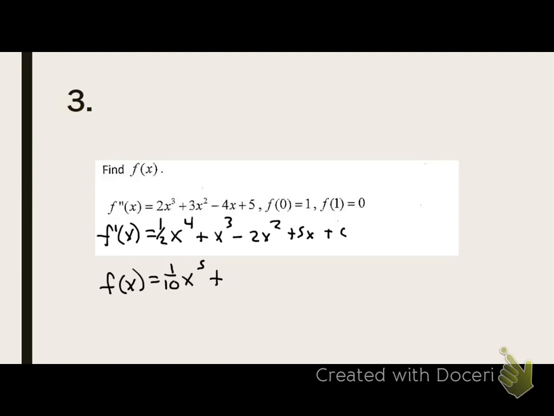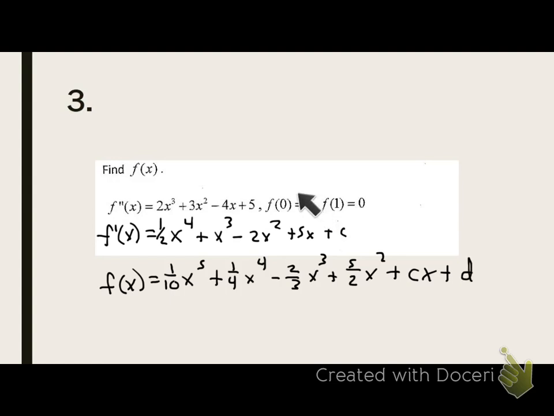Plus 1/4 x to the 4th minus 2/3 x cubed plus 5/2 x plus cx plus, come in with a new constant, let's call it d.